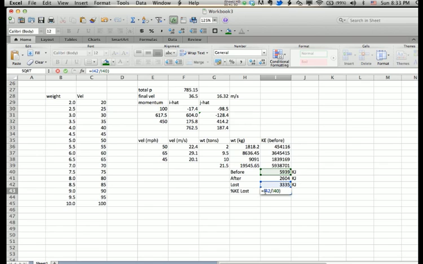That whole thing, we put that in parentheses just to be safe. That whole thing times 100. So in this particular scenario, we lost 56.1%.